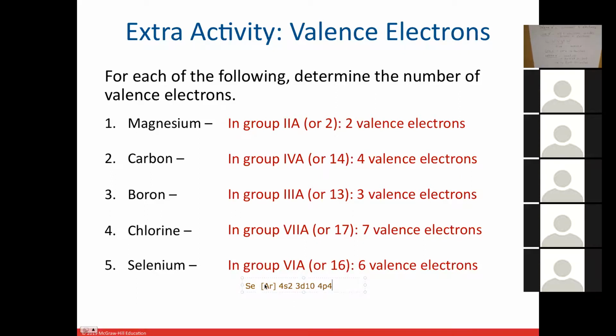So it has that intervening d orbital, but at the end of the day, you just go by group, it's s2p4. That 3d10 joins the third energy level, so it becomes unreactive once it's filled.